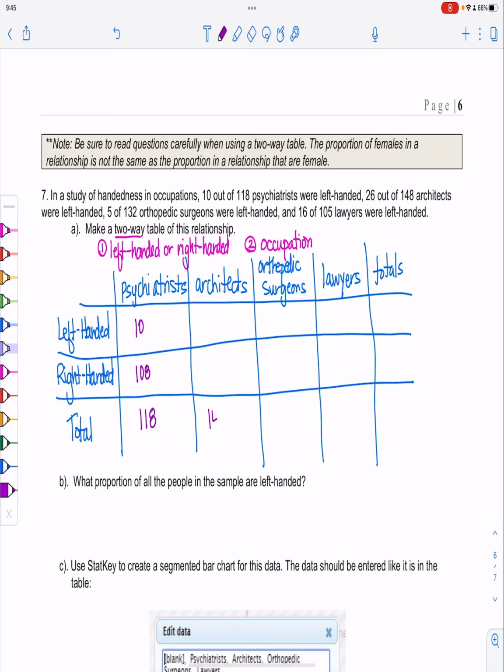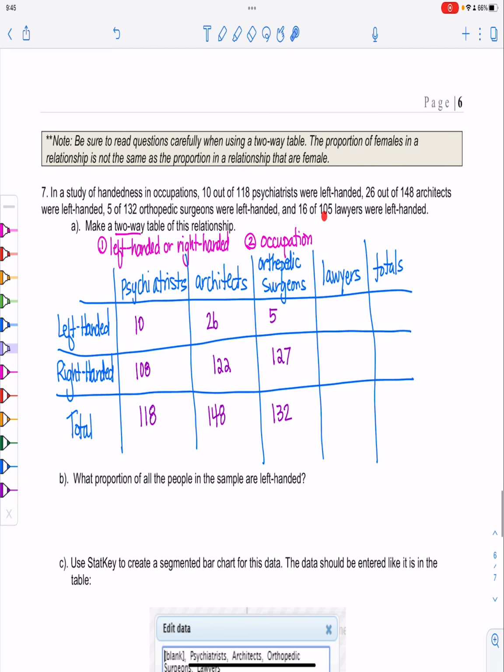So 148 minus 26 will be 122 architects that are right-handed. 5 out of 132 orthopedic surgeons are left-handed, so we've got 127 that are right-handed.